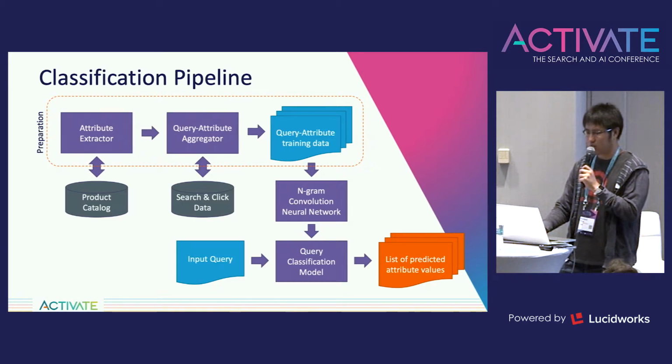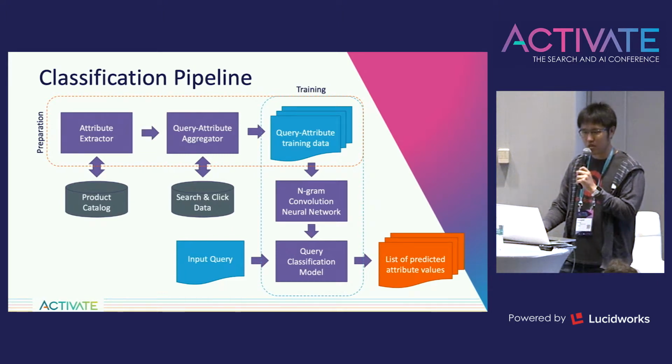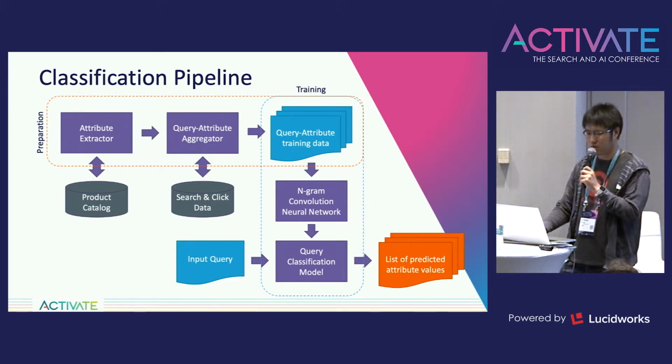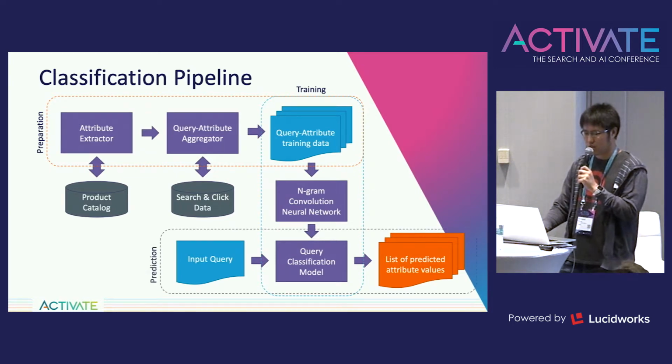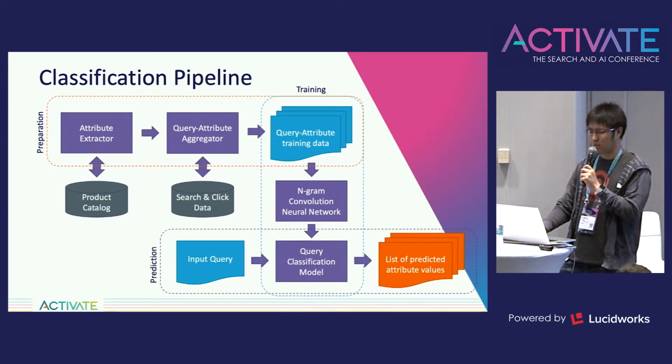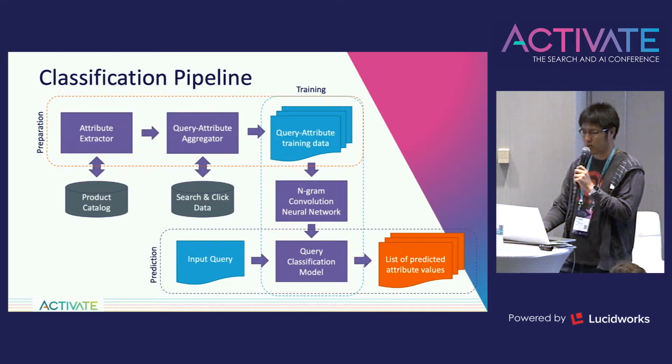And that gives us the query to attribute value training data that will then be used for the training through our n-gram convolution neural network. And that gives us the query classification model. During the prediction, which is the serving time, when given a user input query, we'll pass it through the model, and that will give us a list of predicted attribute values.